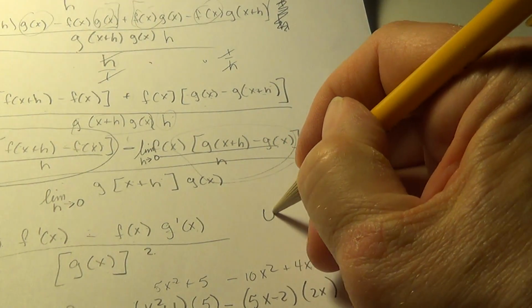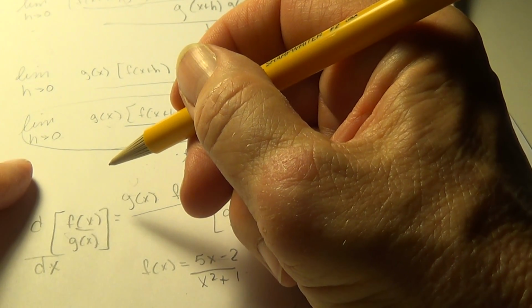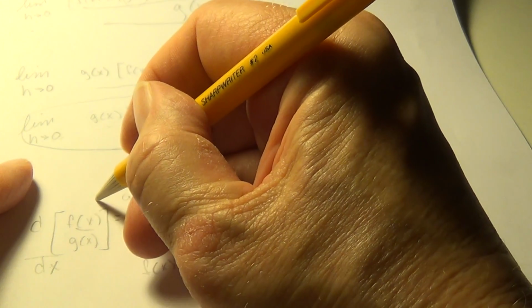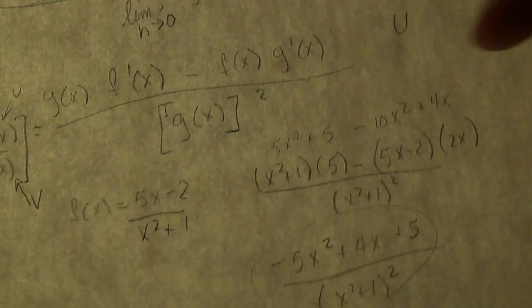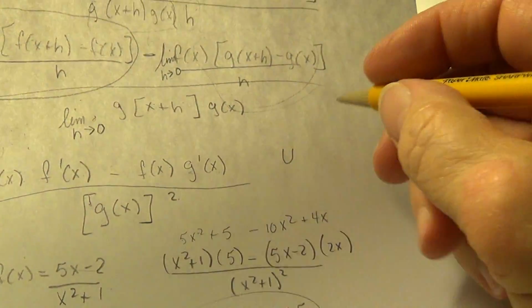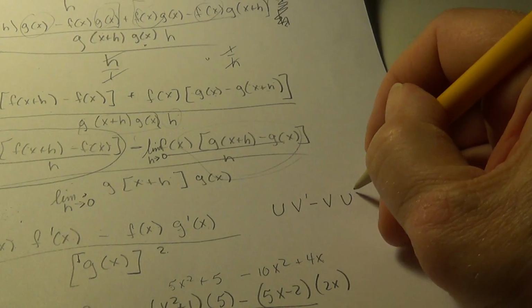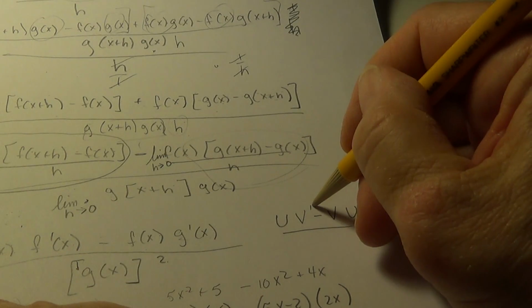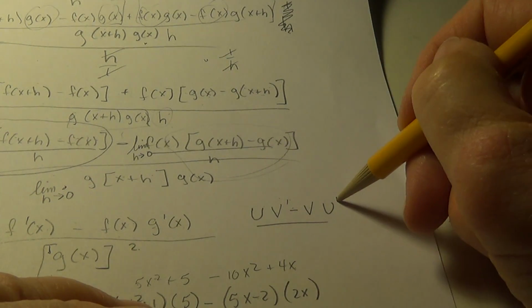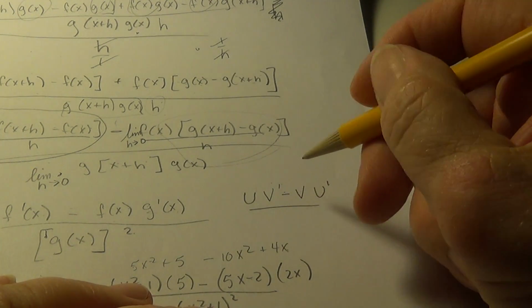I think I've heard it like this. If you call the top expression u and the bottom expression v, I've heard it said u dv minus v du, all over the square of what's below.